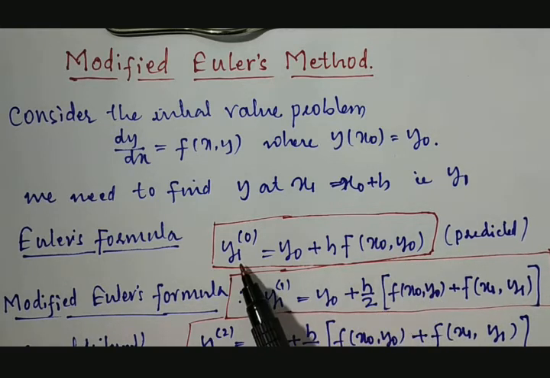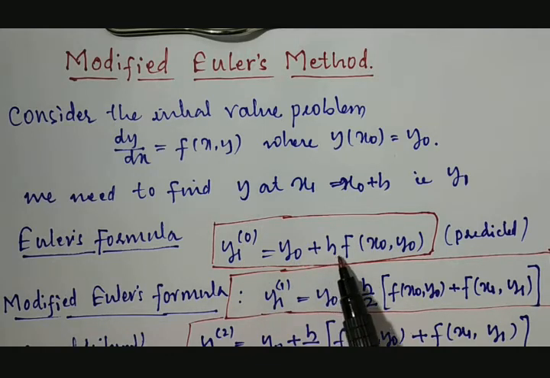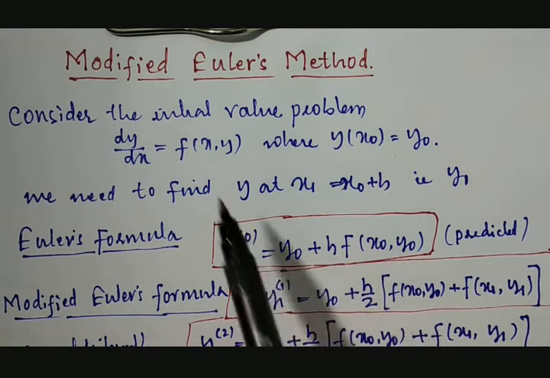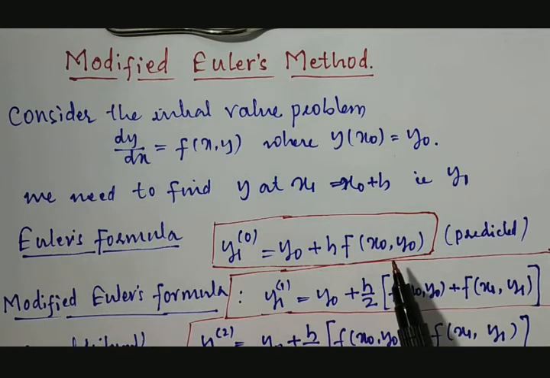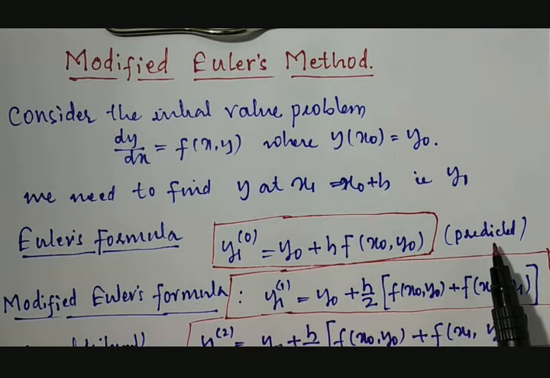Here y0 is the initial value and h is the step length, and the given function f of x, y is nothing but dy by dx with initial values of x and y. So this formula will give you the initial value of y1, and it is called the predicted value of y1, or the predictor's formula.